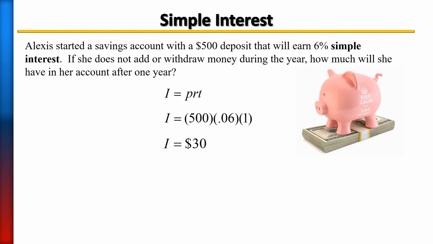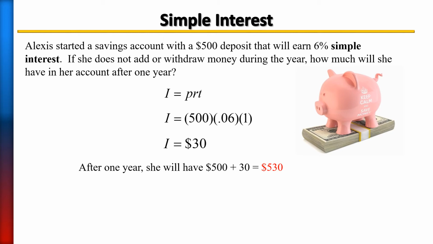So that's 500 plus the 30, the interest that was earned for keeping it there, which will give her a total amount of $530. So she will have $530 in her account after 1 year.